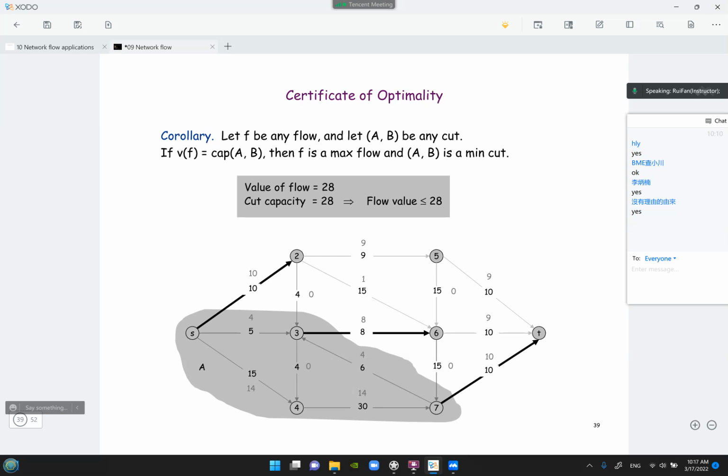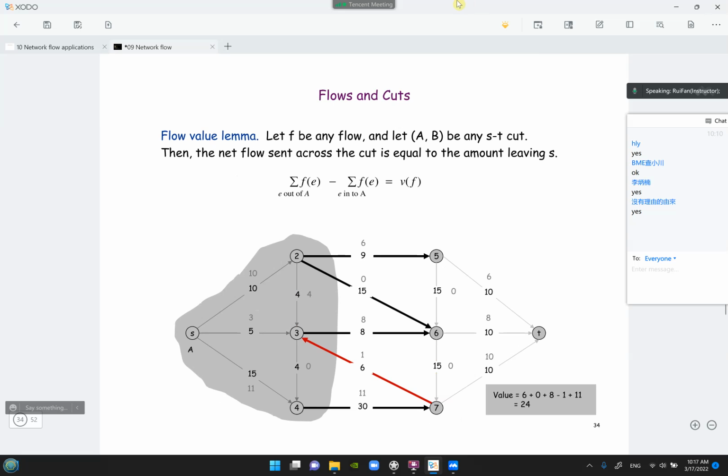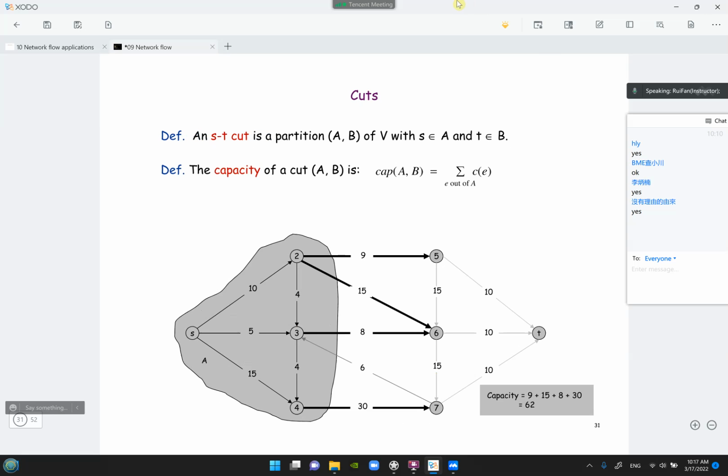Okay, so that was the max flow problem. Then the min cut problem is this other problem where we again take a graph with these two special nodes S and T, and we partition the graph into two parts.